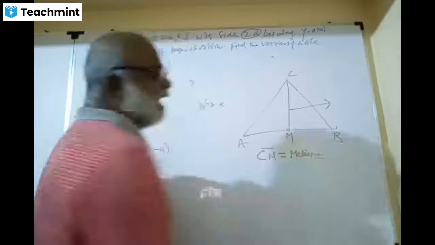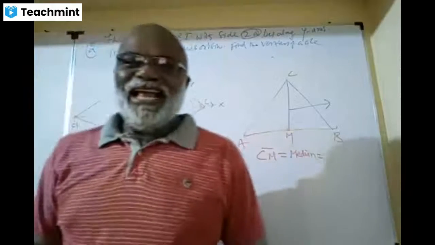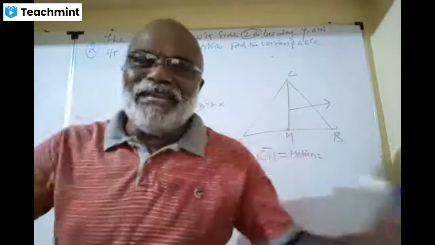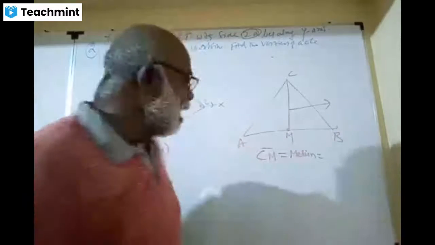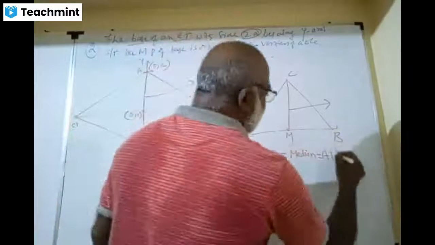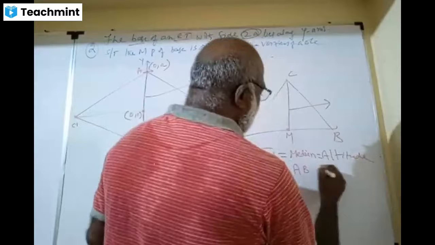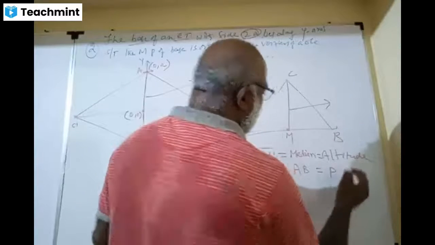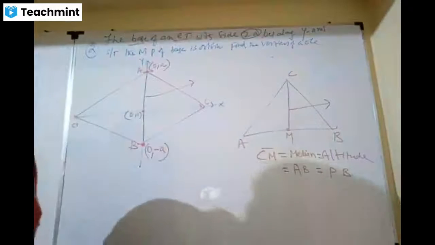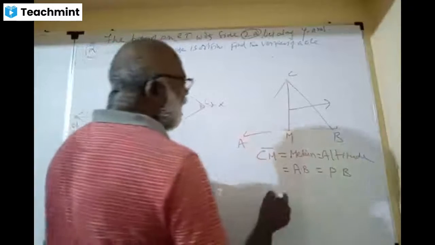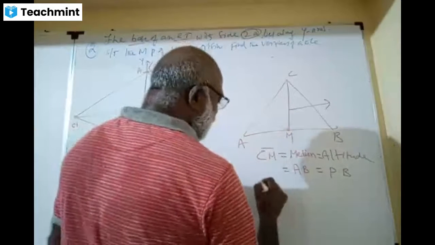It's not only the median, it's everything. In an equilateral triangle, all are the same: median, altitude, angle bisector, and perpendicular bisector. At the same time, all centers coincide.